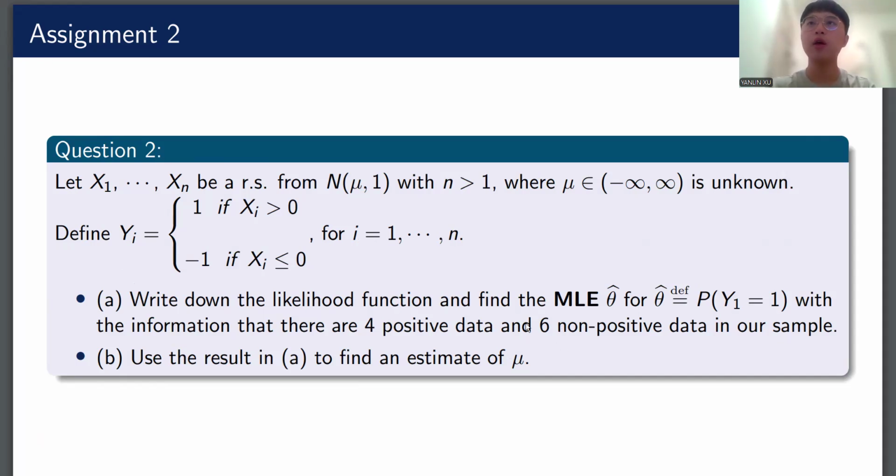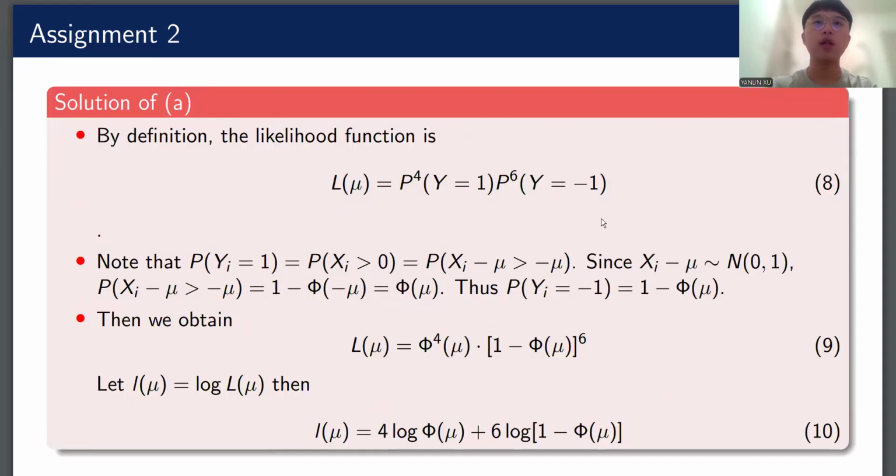The first question is quite easy, because by the definition of the likelihood function, we can write the likelihood function in this form. There are 4 positive data and 6 non-positive data.